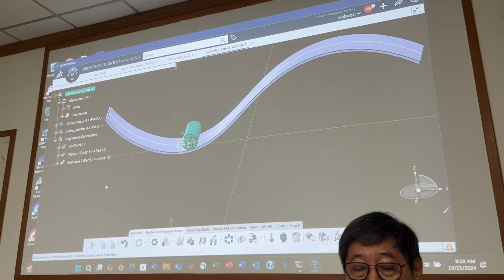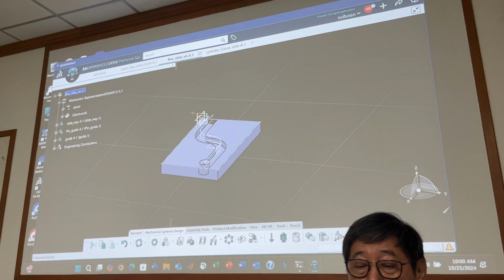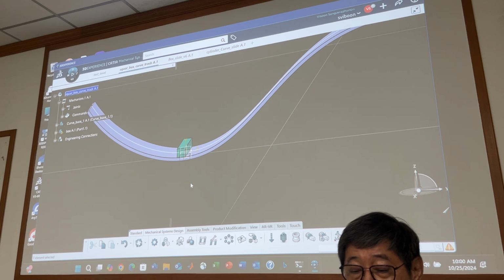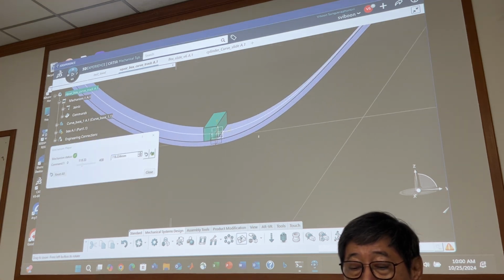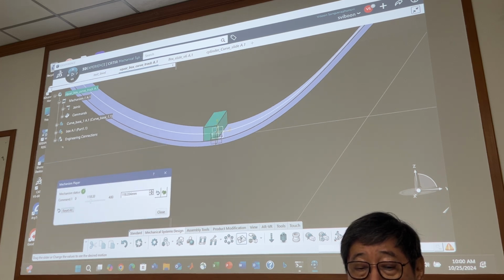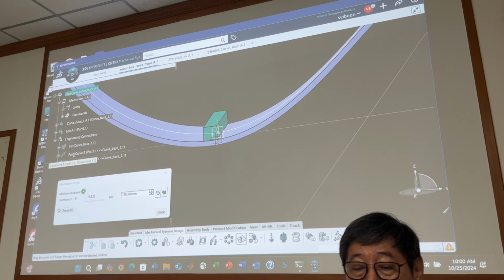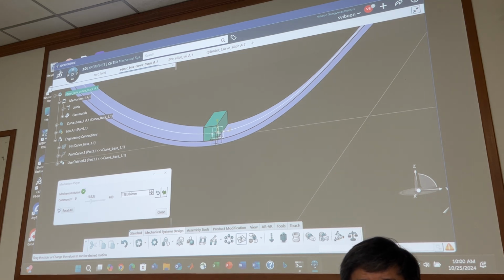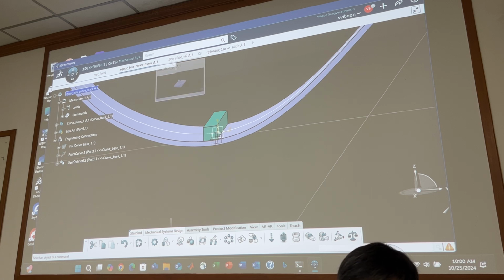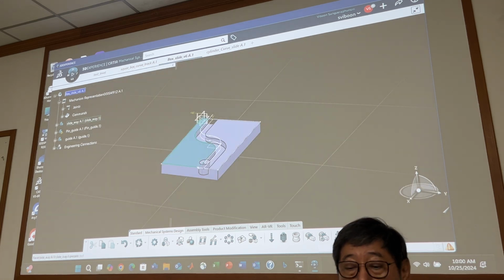Low curve. If it is a square, this one slides along, it probably does not rotate, but slides along. Point and curve, point and curve, point and curve. The other one, this one.